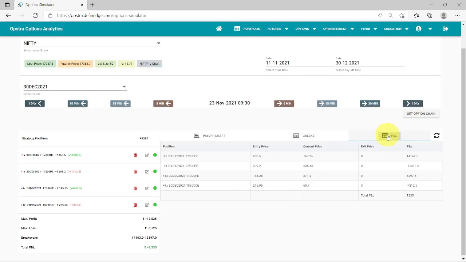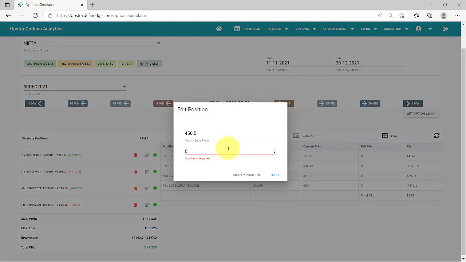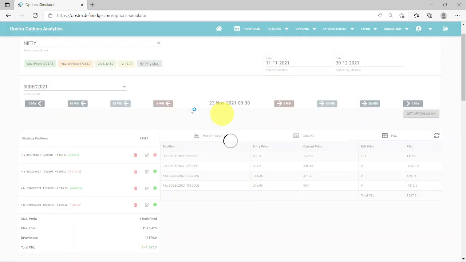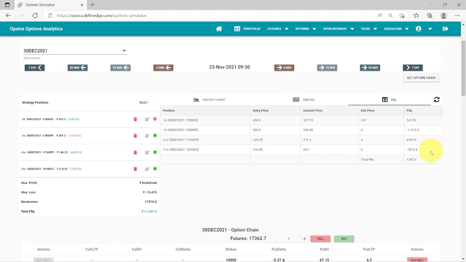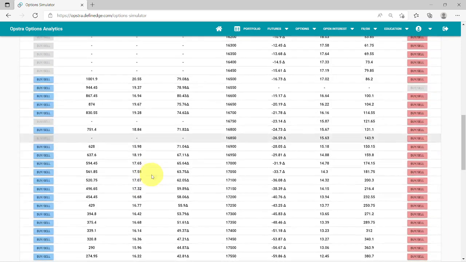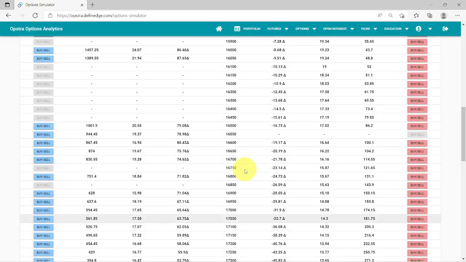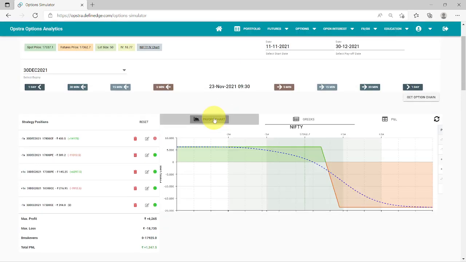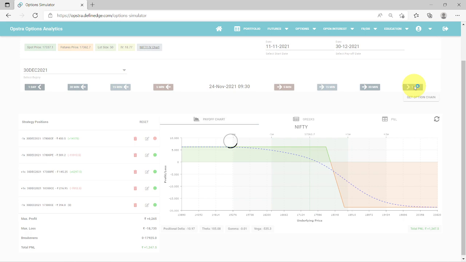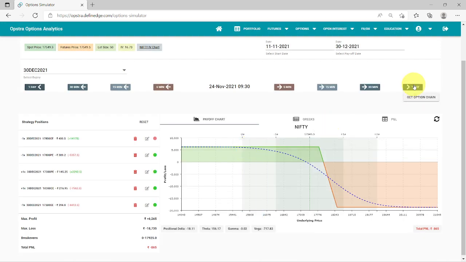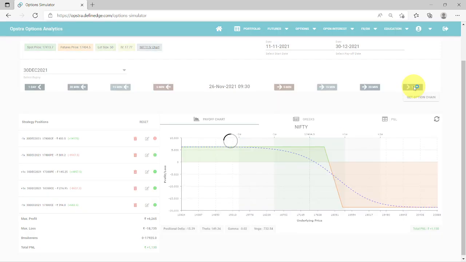So I'm going to book profit in the 17,800 put, call, sorry, at 167, and we are going to sell the 17,300 call. Now our payoff graph will be looking like this, where maximum profit is 6,200 again. We are safe for now.